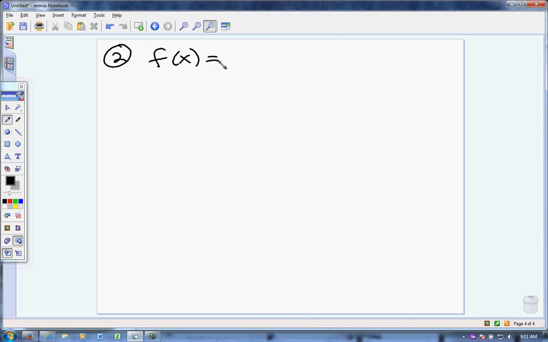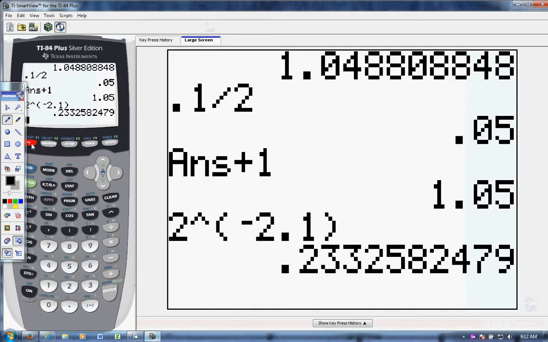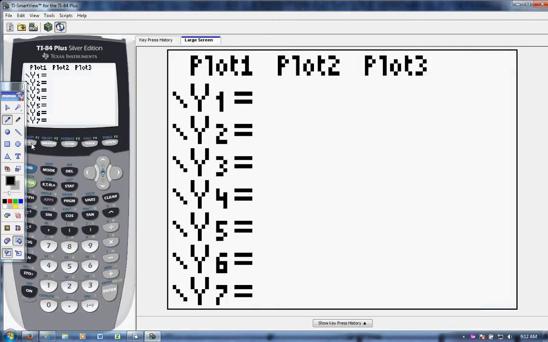What would happen if my function was 2 to the negative x instead of just 2 to the x? Like I told you, when you're doing the table problems tonight, it will be okay to use the graphing calculator to help you some. Now be cautious how you enter this. 2 caret, you need to put in parentheses negative x.